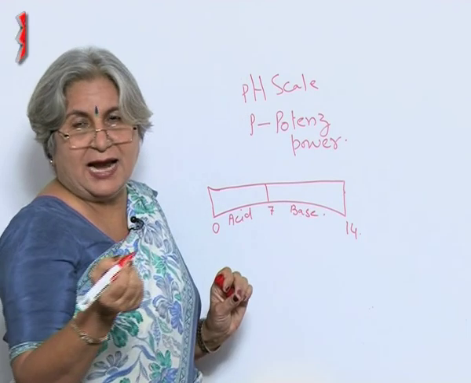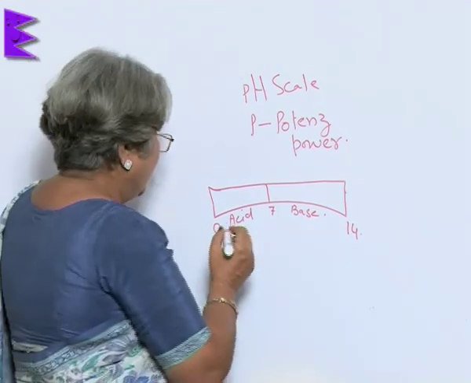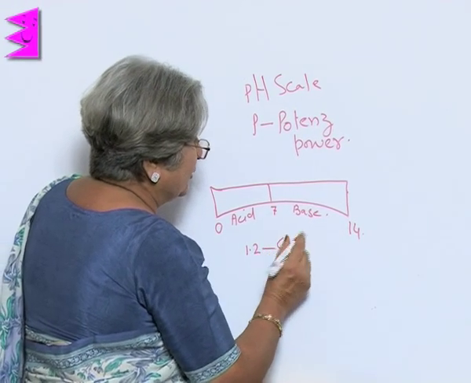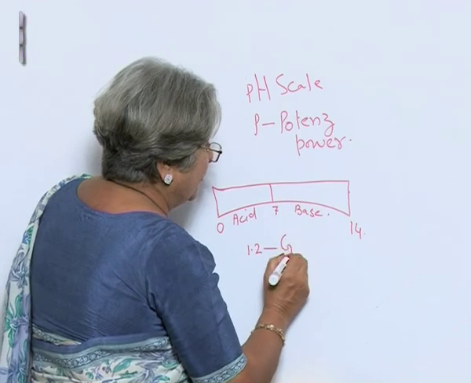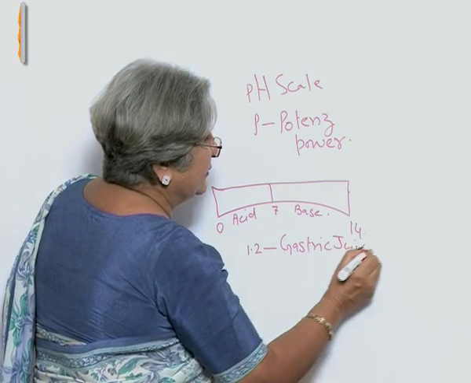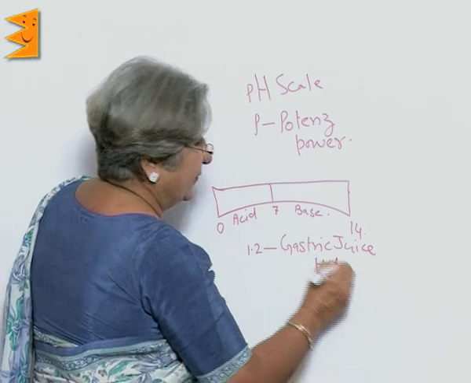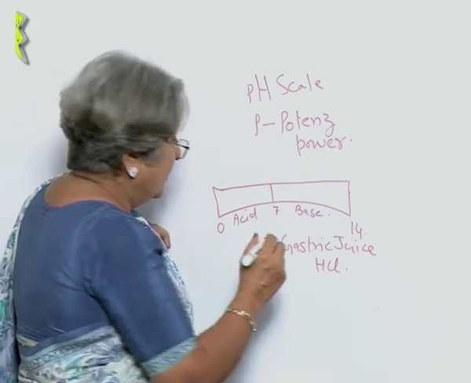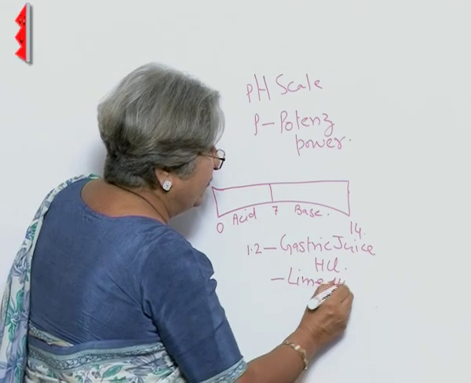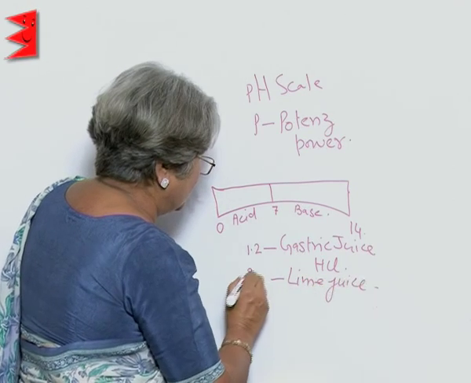Now, just to understand a little more clearly, at 1.2 is gastric juice, and you know that gastric juice has HCl in it. The lime juice, which has citric acid in it, is 2.2.